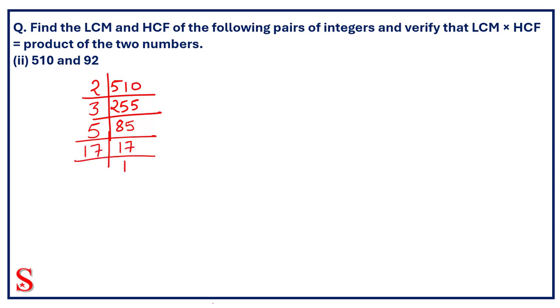Similarly, we'll find out the factors of 92. 23 is a prime number, hence 23 ones are 23. Now we'll note down the factors.